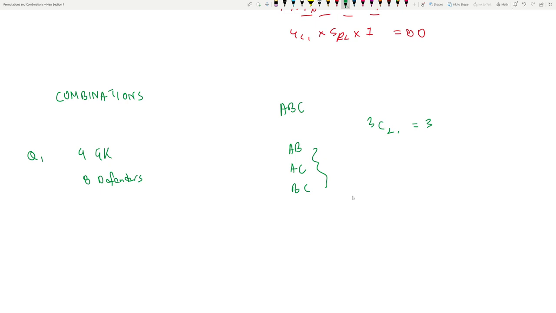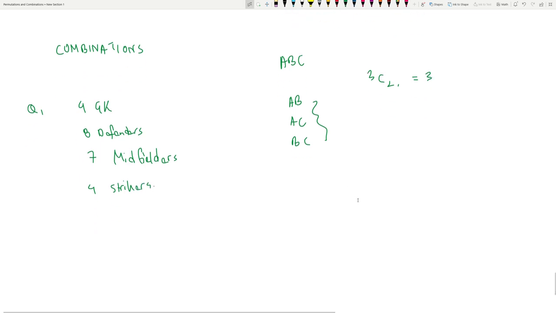So 4 goalkeepers, 8 defenders, 7 midfielders, and 4 strikers. So we're picking a team of 11. Let's reduce the number of goalkeepers. Let's make it 2. So they've asked you that you need 1 goalkeeper, then 4 defenders, 4 midfielders, and 2 strikers.